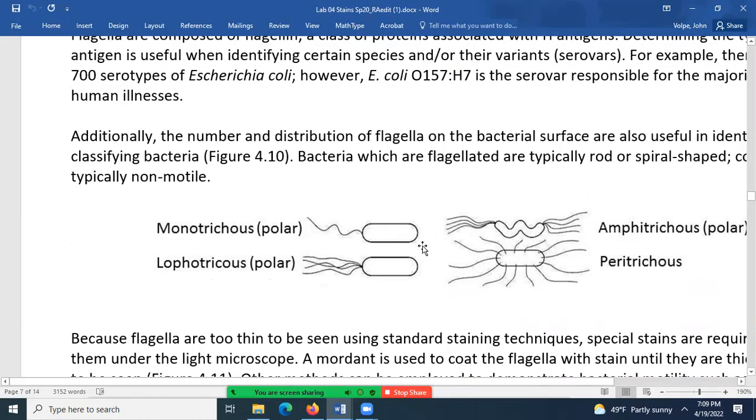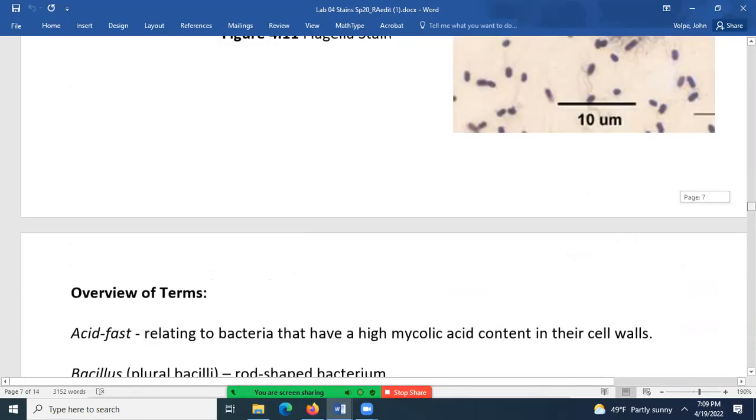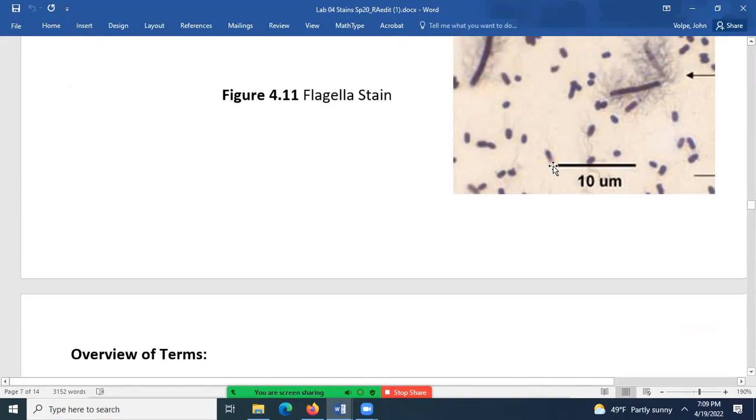So that would be monotrichous. You can also have a few flagella on one end, lophotrichous. Actually, that looks like lophotrichous.